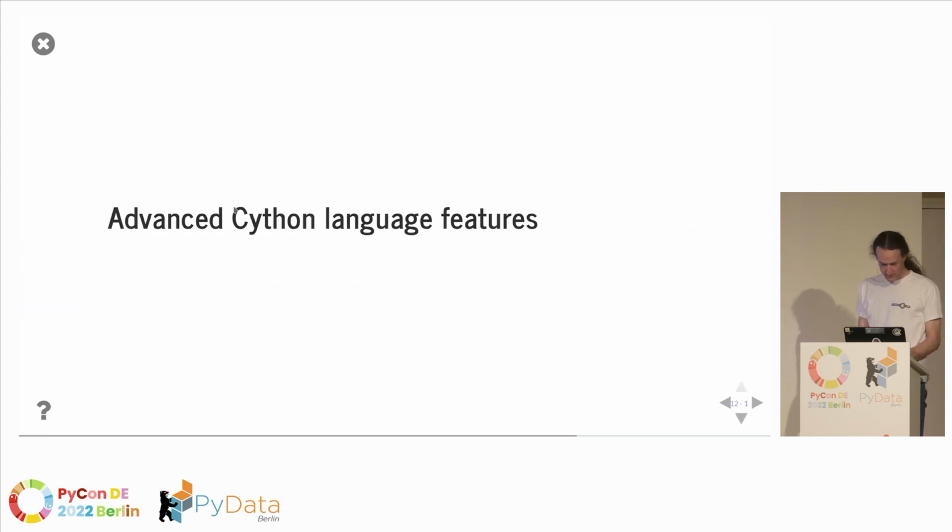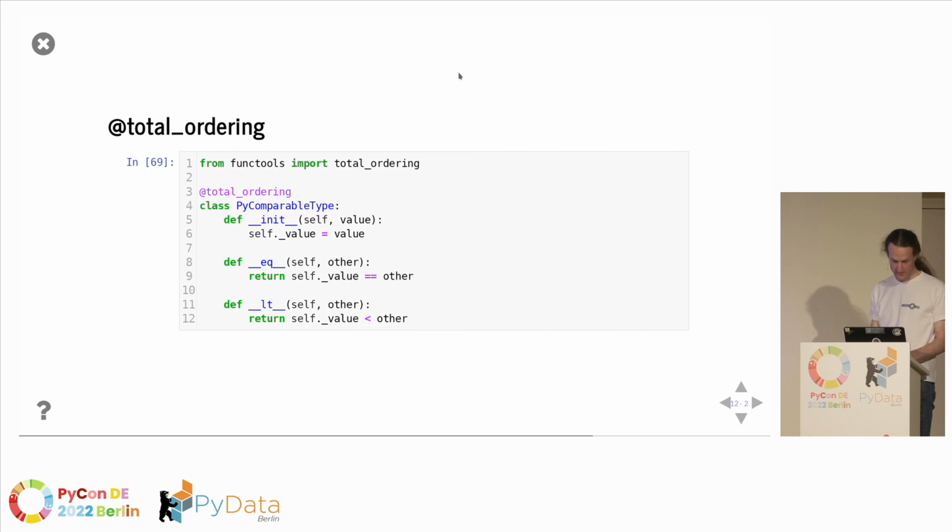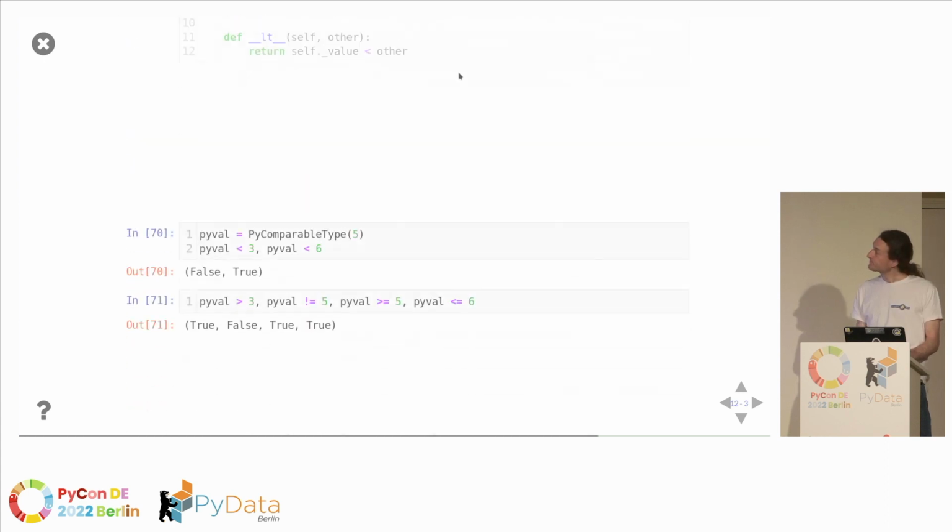Okay, we're pretty much through with the time, so I'm just quickly going to jump through this. We have really nice features in Cython that allow you to implement efficient data types for using them in Python. One is the total ordering operator, which you probably know from Python.